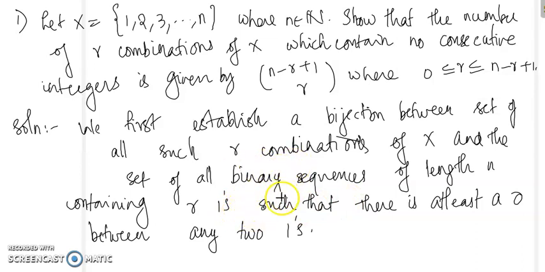So the r combinations are the r ones, and the speciality of the binary sequence is that there is at least a 0 between any two ones. Okay, so let us write it down as a function.